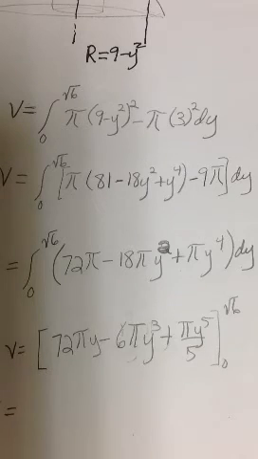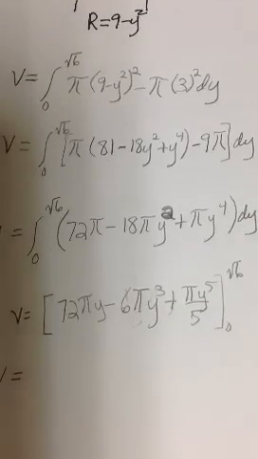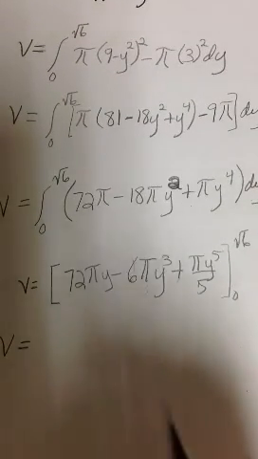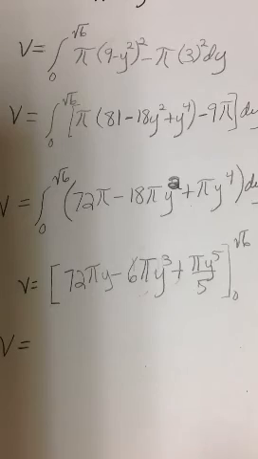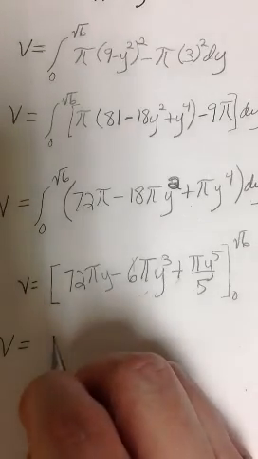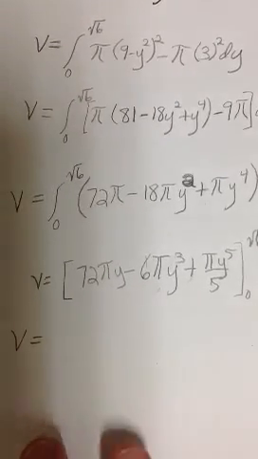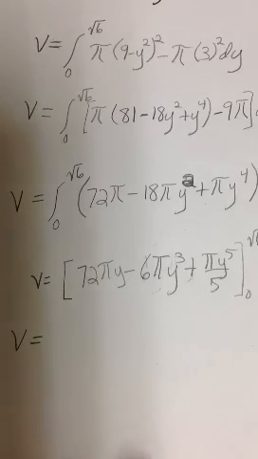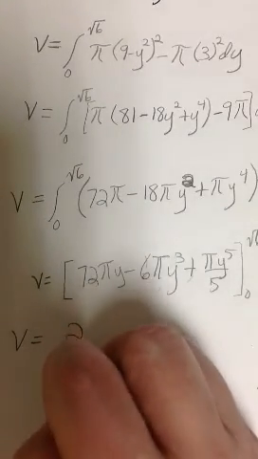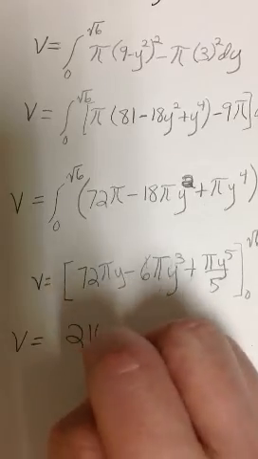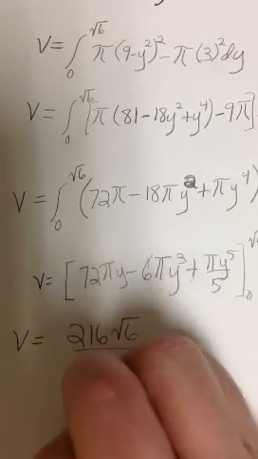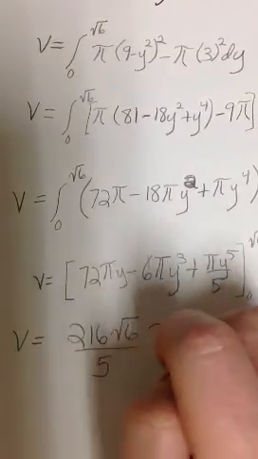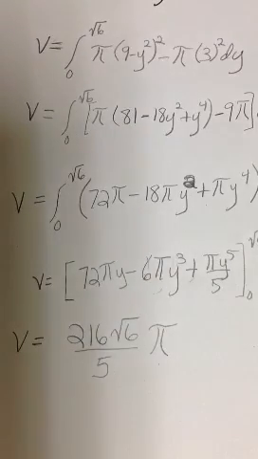And as you substitute and combine like terms, I already had this number stored in advance, so don't think that I was doing this in my head right away. The outcome for the volume of the solid generated about the line x is equal to 9 is 216 times the square root of 6 fifths pi, and that will be the exact result for that problem.